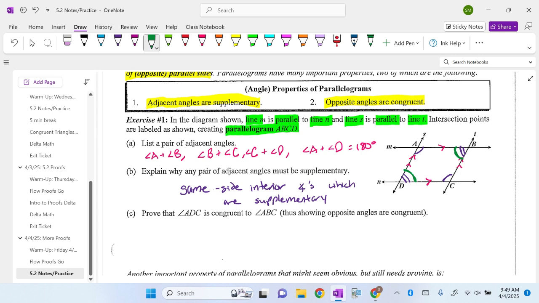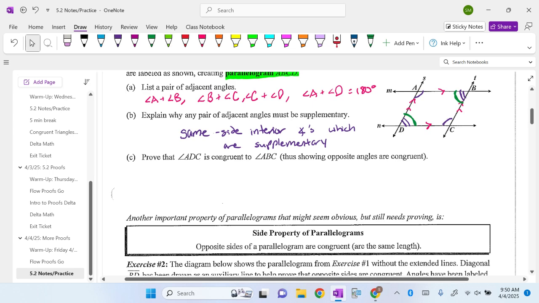So if we want to start this proof, here's how I would do it. There are two ways we can do this. We can either do this as a flow proof or as a statement reason proof. I would probably do this as a flow proof. It's a little bit nicer to show.